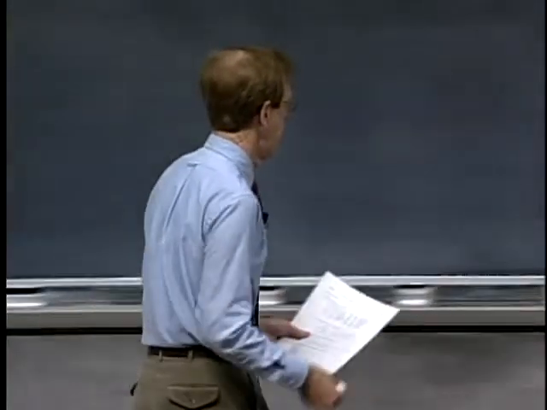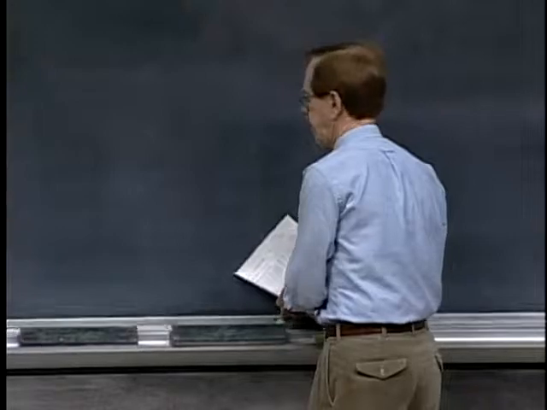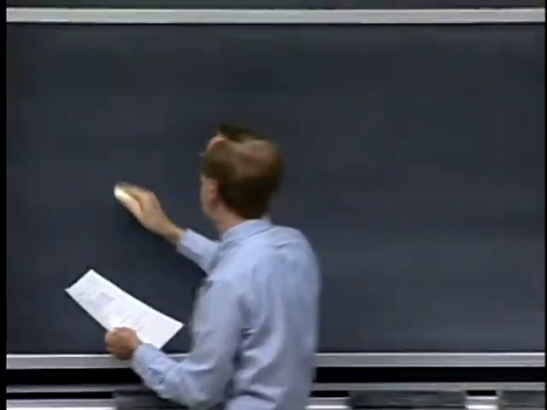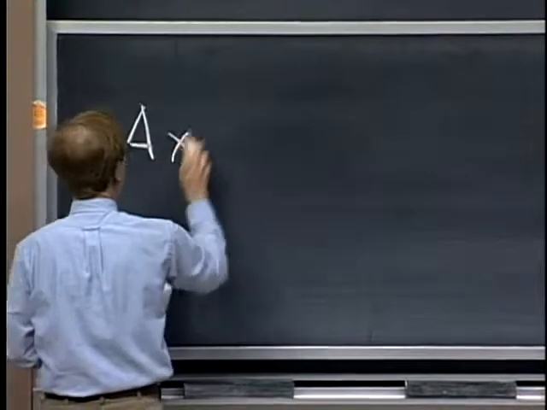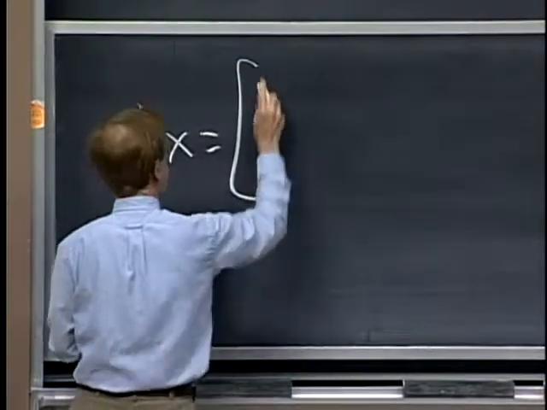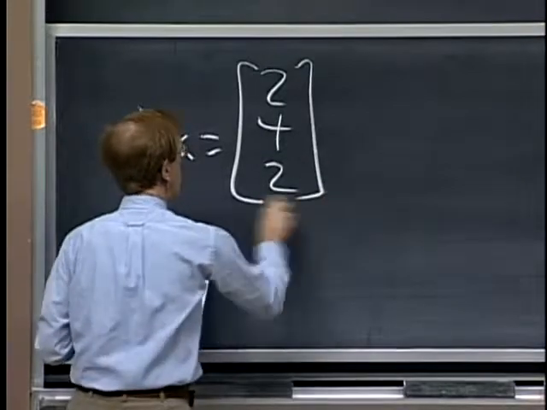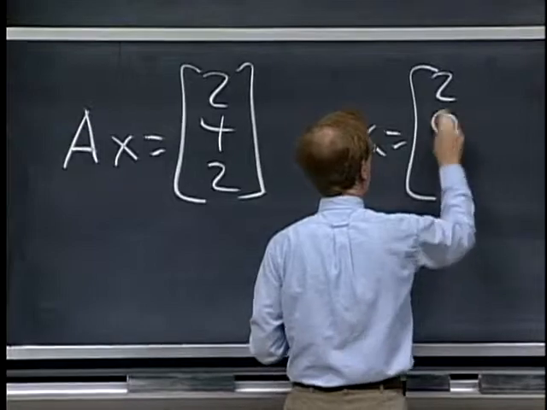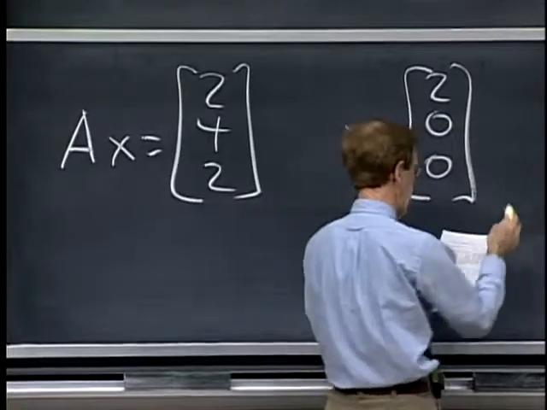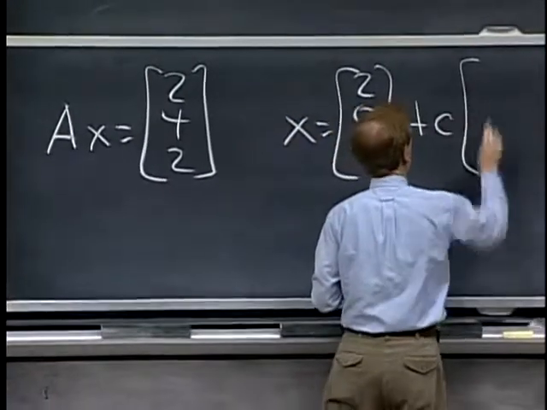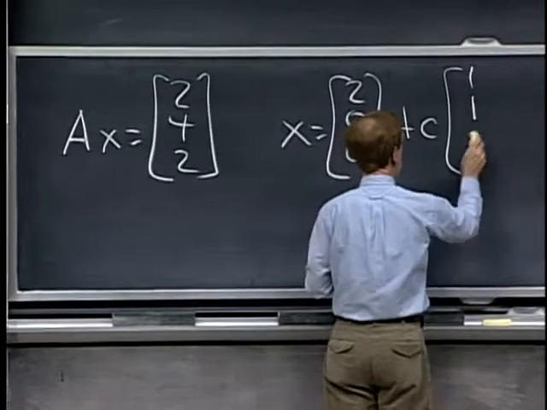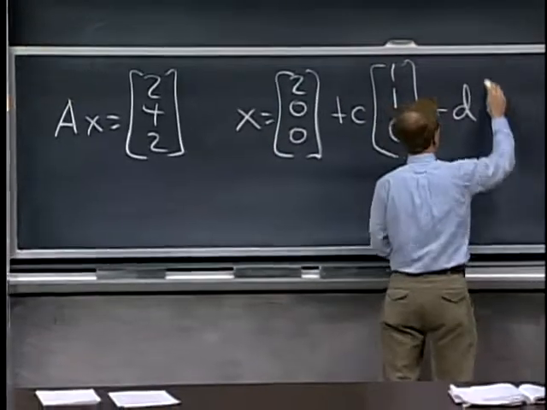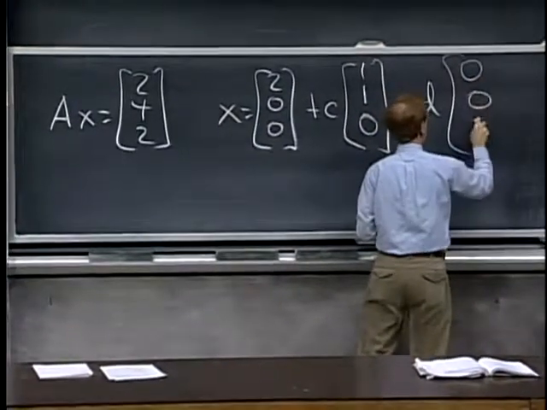Okay. Here's another type of question. I give you an equation, AX equals 242. And I give you the complete solution. But I don't give you the matrix. And there's another vector 0, 0, 1. Okay?